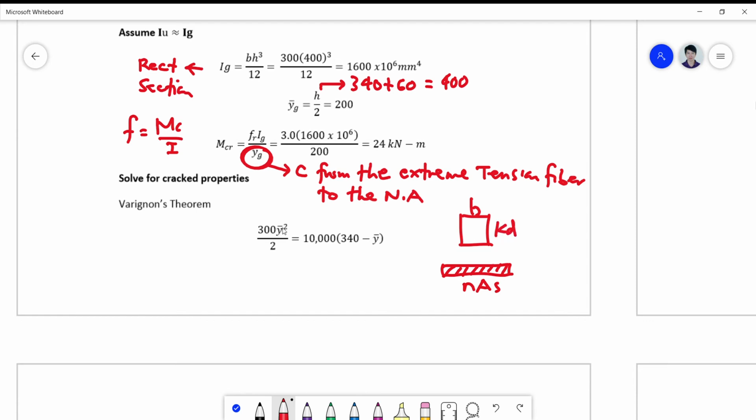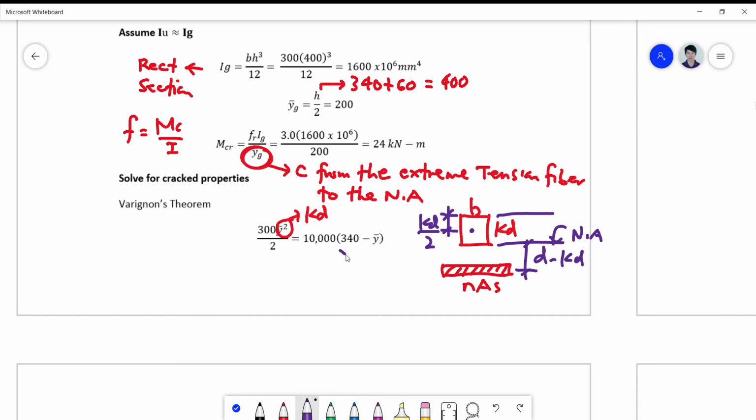Okay, so here your y is actually your kd variable. So how do you make use of the centroidal determination? So if this is the neutral axis, we just take moments about this fiber here. So this is kd over 2, and this is d minus kd.